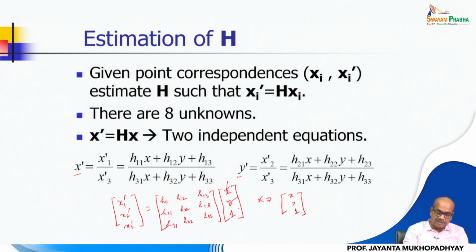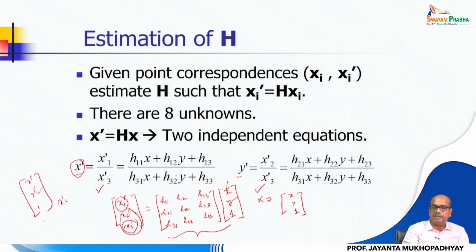You have already observed this point, and it is being mapped here, but the observed x prime is again in the canonical configuration. That means my observed point is x prime, y prime, 1, though I cannot simply equate this equation with this, because there could be a scale relationship. So I consider x prime equal to x1 prime divided by its scale x3 prime. Similarly, y prime equal to x2 prime divided by x3 prime. So you get two equations here.